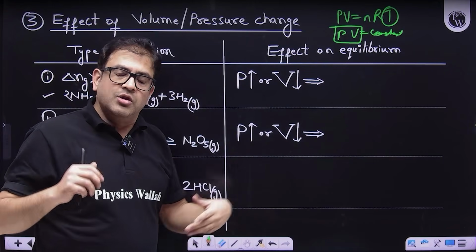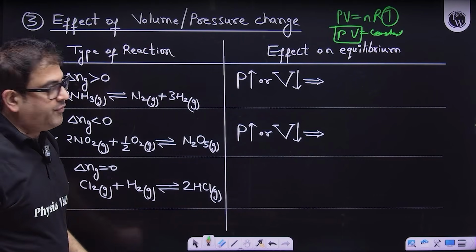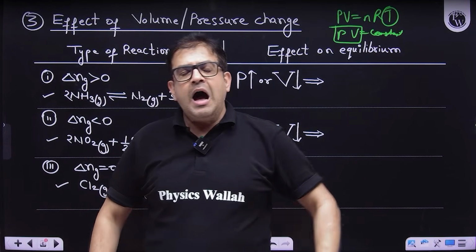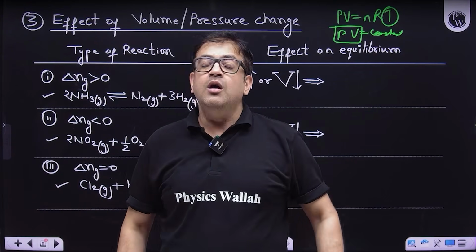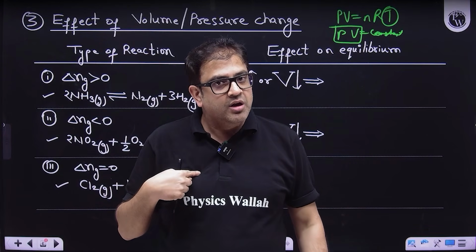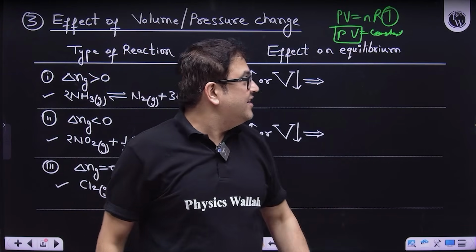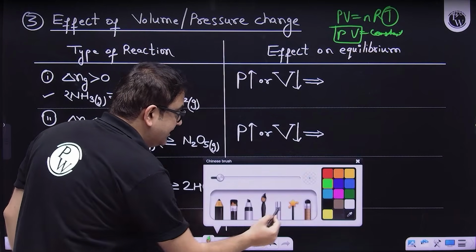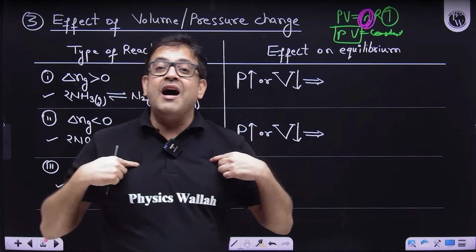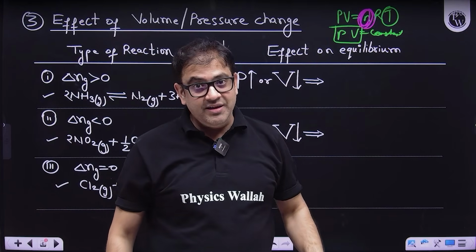Okay. So now tell us, how will you decide where the equilibrium will go? This depends on the type of reaction. Sir, why? Suppose you have disturbed it by increasing the pressure. I am a reaction, I will oppose. How will I oppose? You have increased my pressure, I will try to decrease it. Now, in order to decrease, what parameter do I have? The temperature is constant, I have only this parameter: the number of gaseous moles. So I have to move in that direction where, if the number of moles decreases, pressure will decrease.